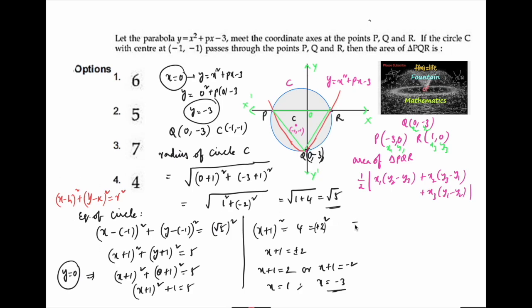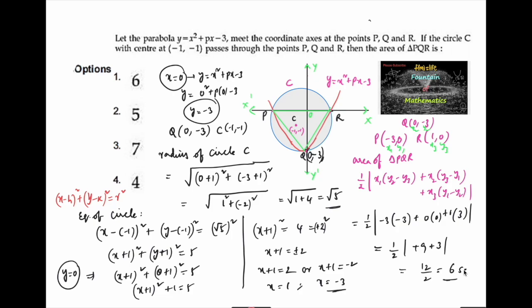So here we can write, which is equal to 1 by 2 mod x1 is negative 3 of y2 minus y3, that is minus 3 minus 0, and again plus x2 times, that is 0 times anything is 0, so that is y3 minus y1, so we can add 0, and again plus x3 times, that is 1 times y1 minus y2, so it's 0 minus of minus 3, that is 3, which is equal to 1 by 2 times, so plus 9 plus 3, which is equal to 12 upon 2, which is 6.